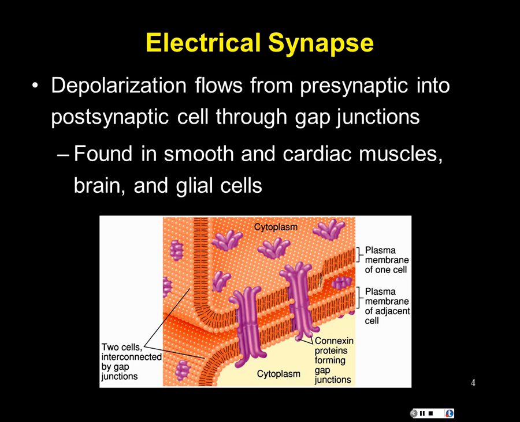And so where we'll see these are in some types of smooth muscle, and certainly in our heart, and the cells that are all working together. There's some current, kind of cutting-edge research, if you will, supporting that there are actually more electrical synapses than previously thought in the brain.